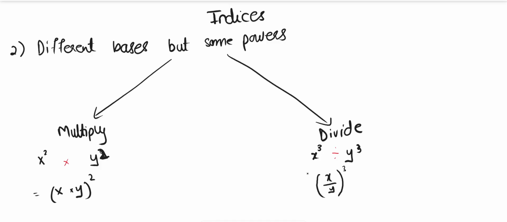So this must never be confused with the first rule. If we have different bases but same powers, we will multiply those bases with each other and the power remains same. Unlike the first rule where we had the same bases but different powers, so the powers are going to add up or subtract depending on the multiplication or the division sign in between.